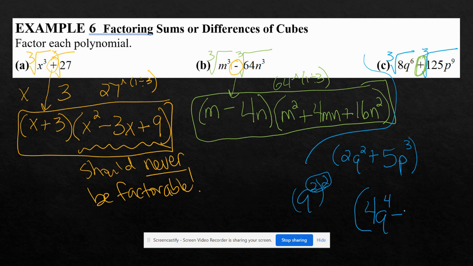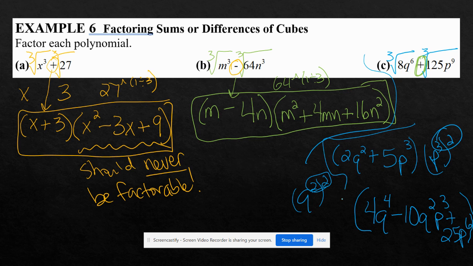So 2 times 5 is 10. q squared p cubed. Plus 5p cubed squared. 5 squared is 25. p cubed squared means I do 3 times 2, which is p to the 6th. And so this is our factored form.